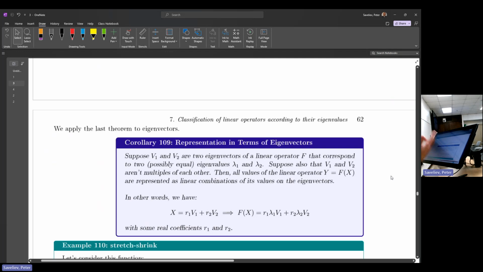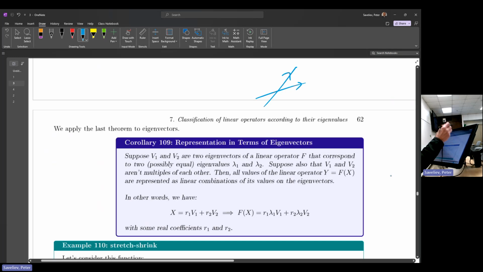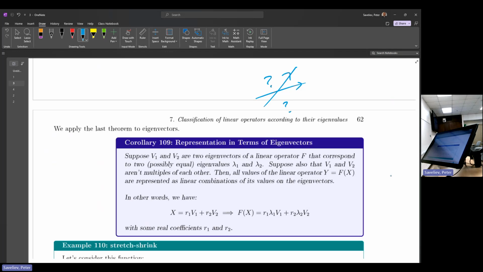So it's not like we have to guess what's happening in between. We know what's happening here, say like this, but we don't know what happens elsewhere. That's not true, actually, because if there are two distinct eigenvectors with two distinct eigenvalues and two distinct eigenspaces, then the eigenvectors serve as a basis.